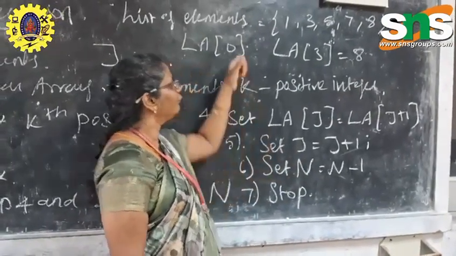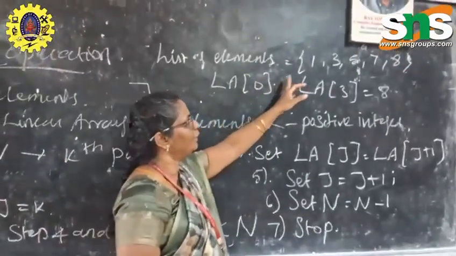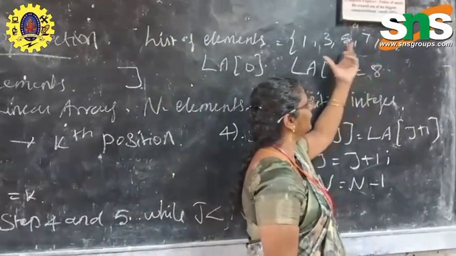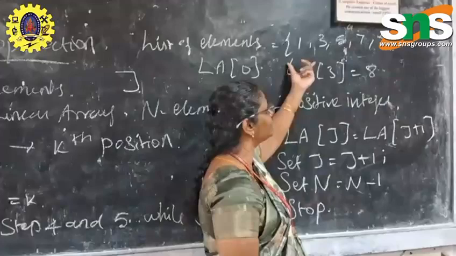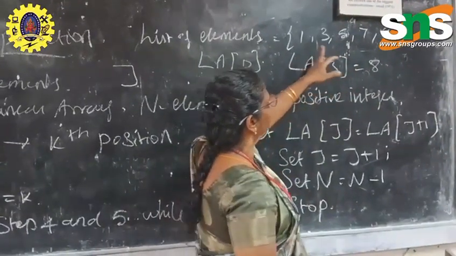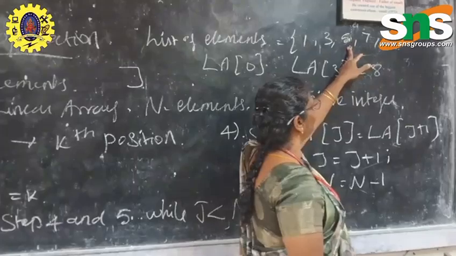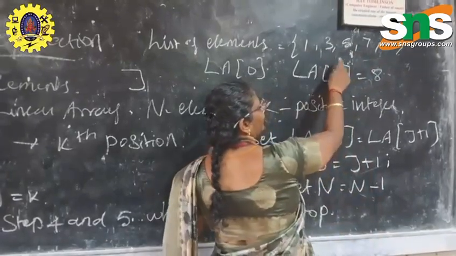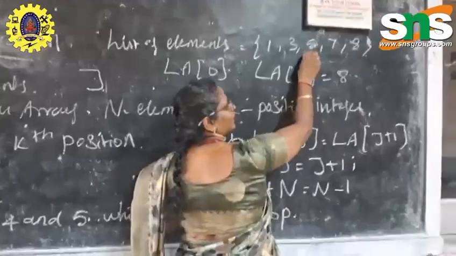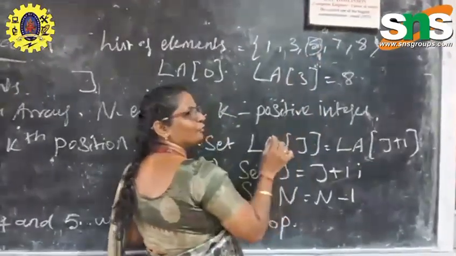For example, if we take a list of elements 1, 3, 5, 7 and 8, and we want to delete 5 from the list, we have to find at which position the 5 is placed in the list.